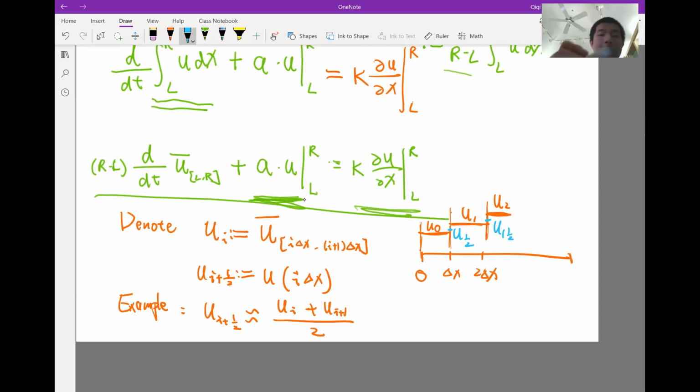Okay, and another example is we are going to approximate du/dx at the interface i plus half. How about this? What do you think we can approximate this as? This is another thing we need to approximate. Any suggestions?